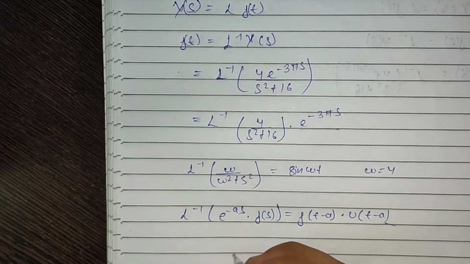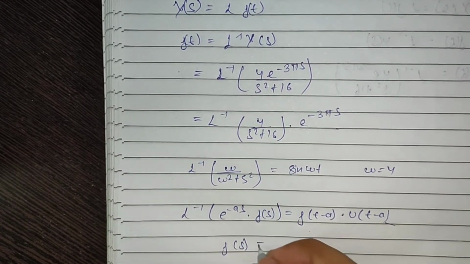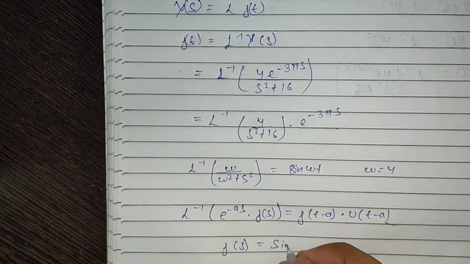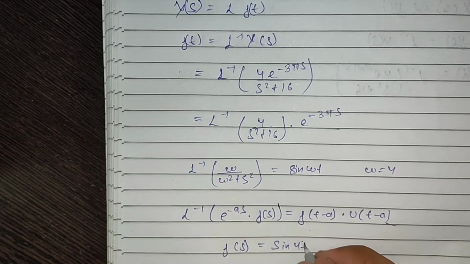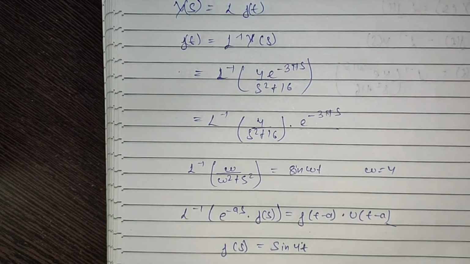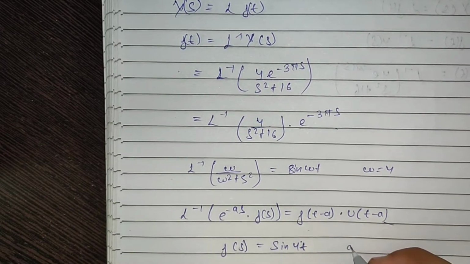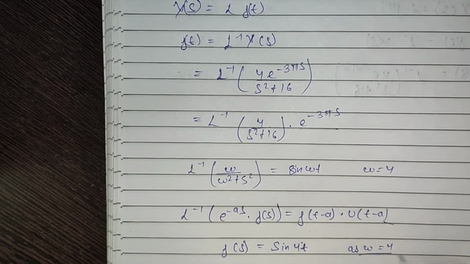So F of s is equal to 4 upon s square plus 16, which is sine 4t here, which we have seen as omega is equal to 4.